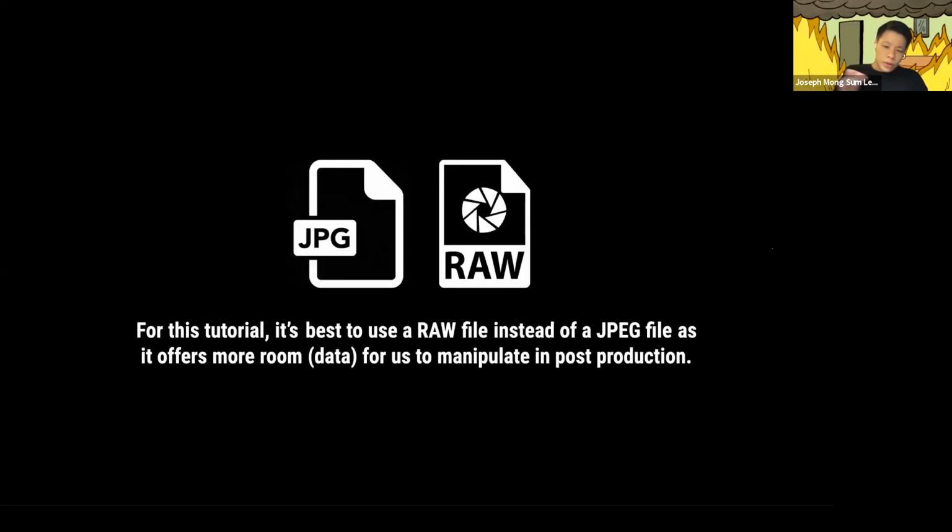For this tutorial, it's really best to use a raw file instead of a JPEG file, which gives you more room and data to work on the details and adjustment of your image. I'm not going to get into the technical details of these two file formats, but essentially the difference is that raw is like a raw piece of meat, so you get more room to cook it the way you like.